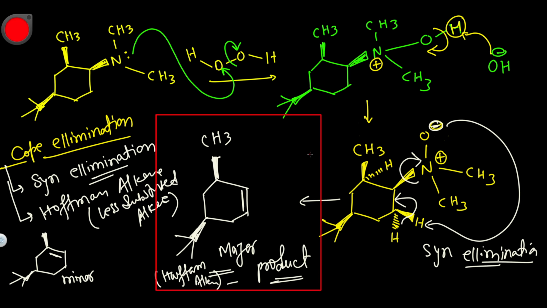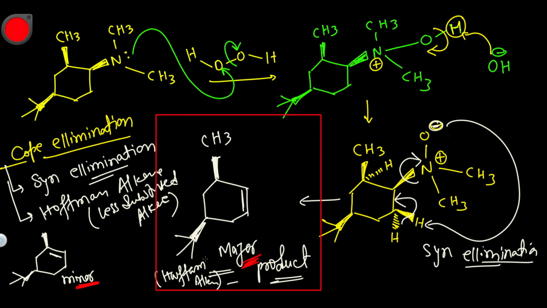So this is our major product and this is our minor product, right. I hope you all understand what is happening in this reaction. You have to be crystal clear about two important things in the Cope elimination. One is that a syn elimination is happening here, and the second is that the alkene formed will generally be a less substituted alkene, that is a Hofmann alkene.